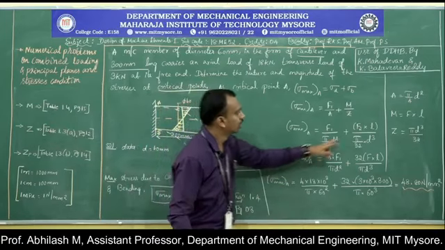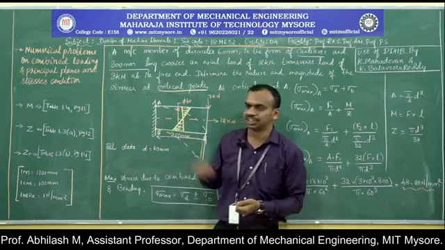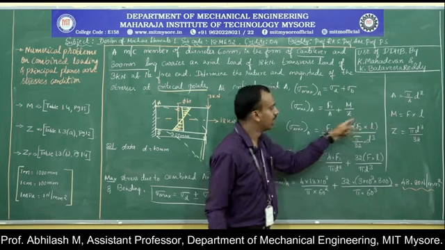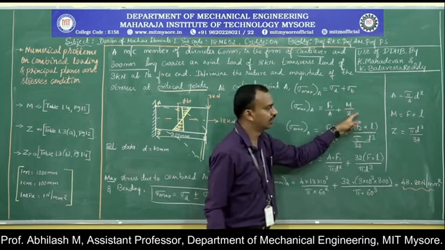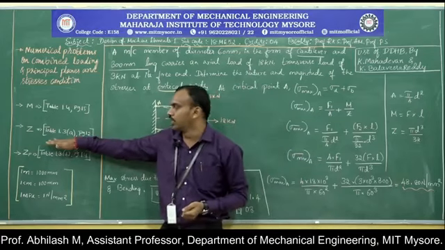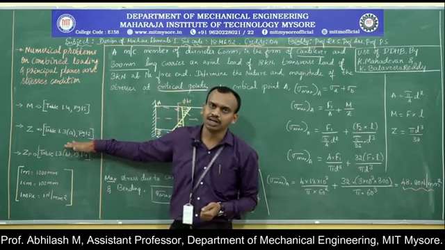Then we have the area. We know that for a circular cross section, the area will be pi by 4 of d square. Then, in order to identify the value of Z, which is the section modulus, we can refer to the table in the data handbook, 1.3a, page number 12.